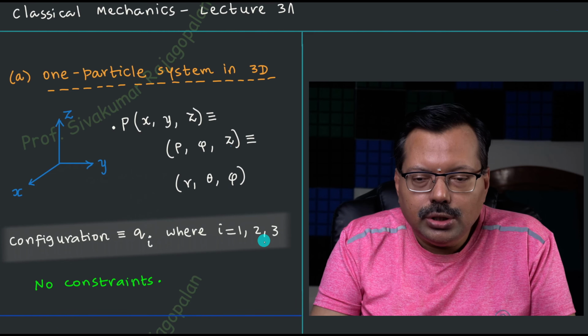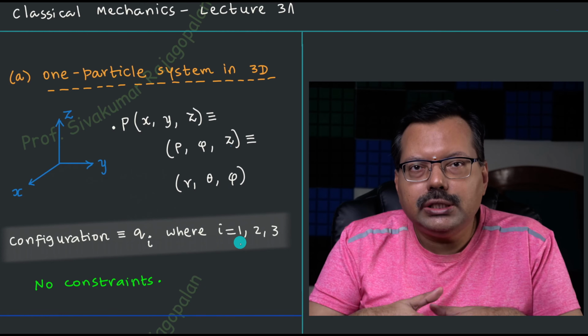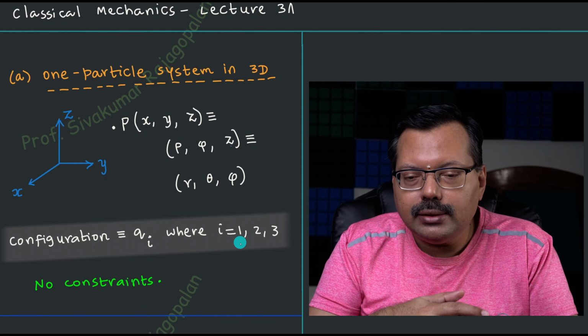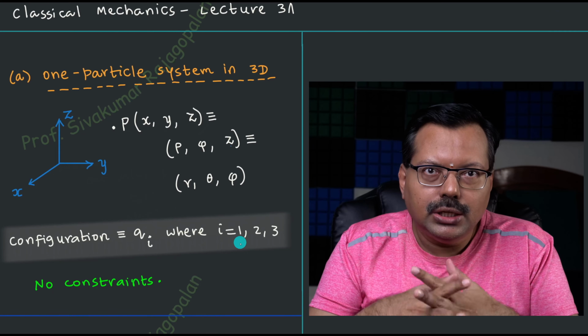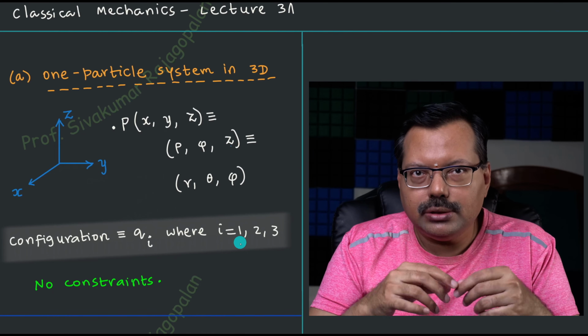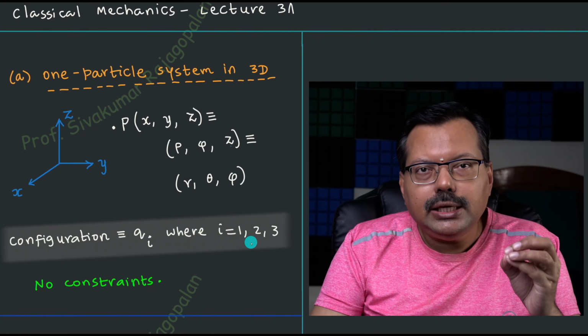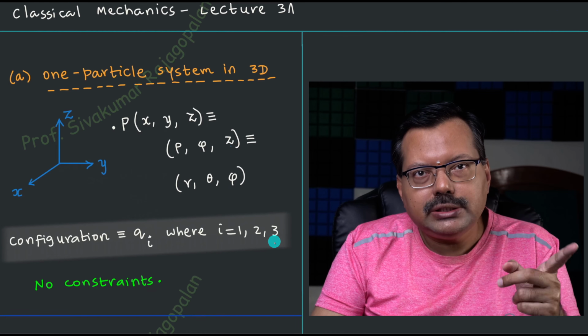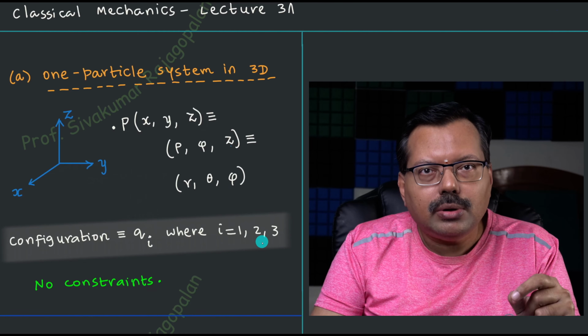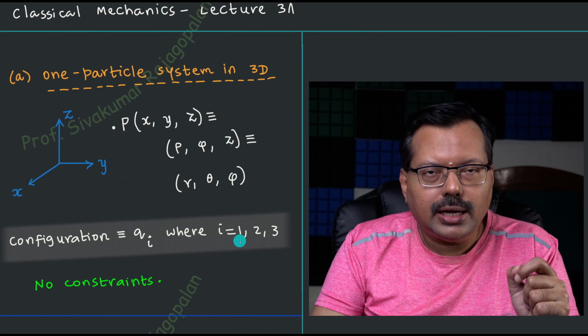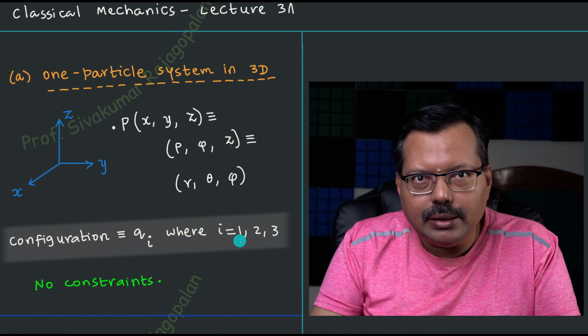If you think that i equal to 1 to 3 is not important and there is no need to write it, then it is totally out. That means you are missing very important information. i equal to 1, 2, 3 means 3-dimensional. i equal to 1, 2 means 2-dimensional. i equal to 1 only means 1-dimensional.